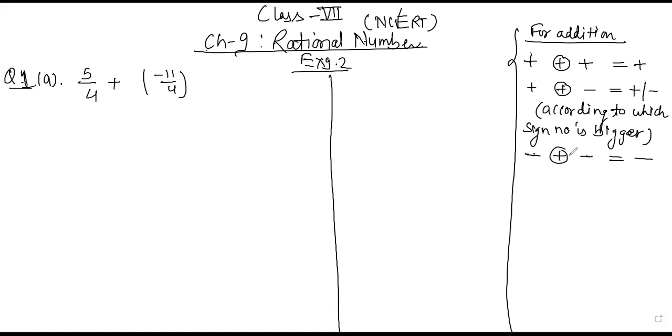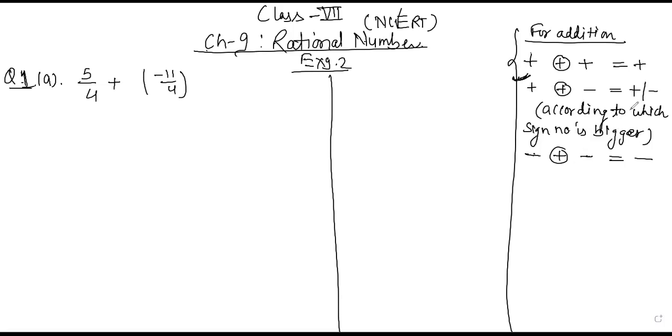Here they will be subtracted if the opposite signs are there. Simply, in addition, same signs will be added and opposite signs will be subtracted, but the most important part is the sign of the bigger number.